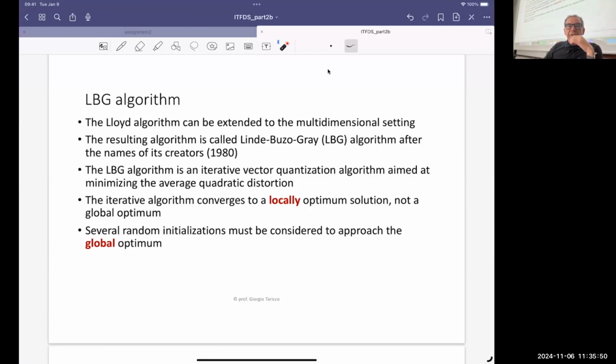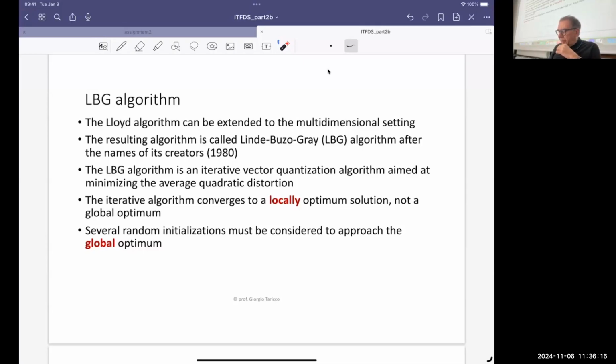I was saying, this iterative algorithm converges to a locally optimum solution that is not a global optimum. And because of this, we need several random initializations to find the global optimum.